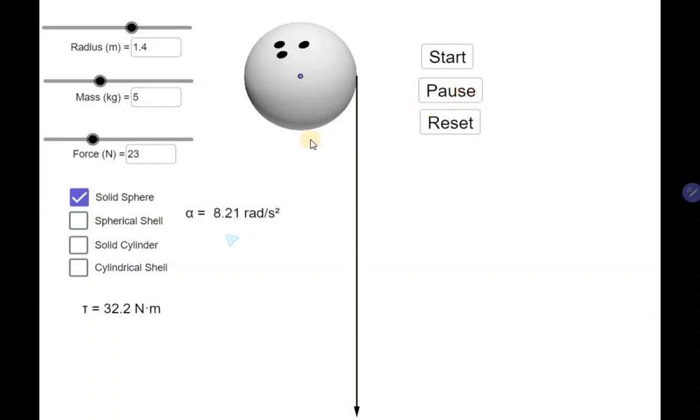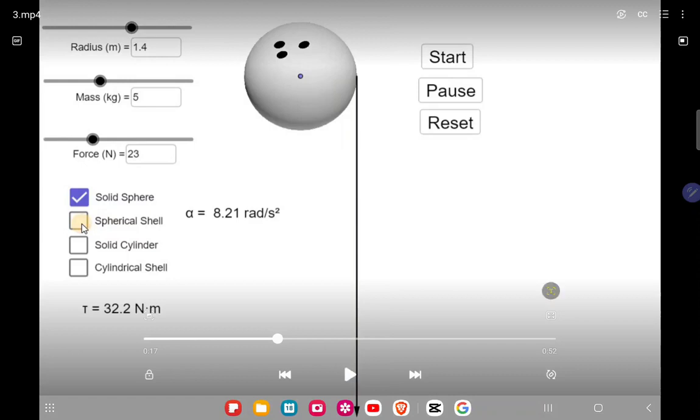Now this is the angular acceleration. The way we calculate it is as follows. The net torque is equal to I alpha, where I is the moment of inertia. Since this is a solid sphere, I is equal to 2/5 m r square.